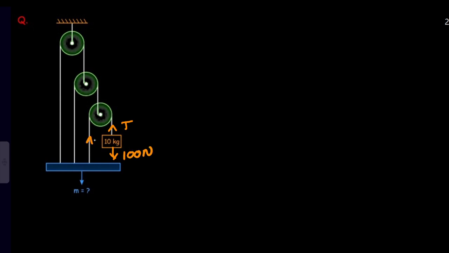So this is T and this is 2T. This is 2T. This is 4T and this is 4T. Yeah, so that is 70. 70 equal to mg.